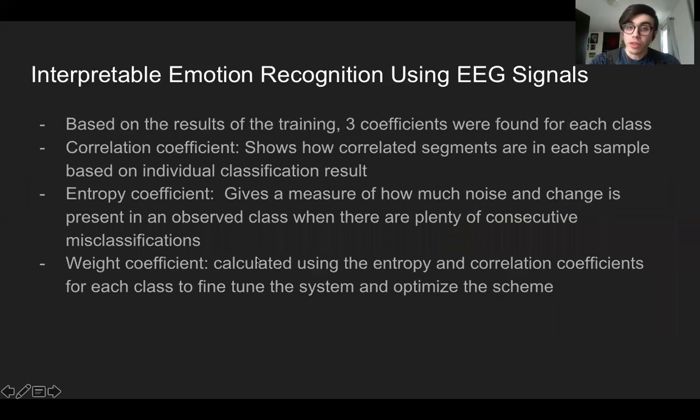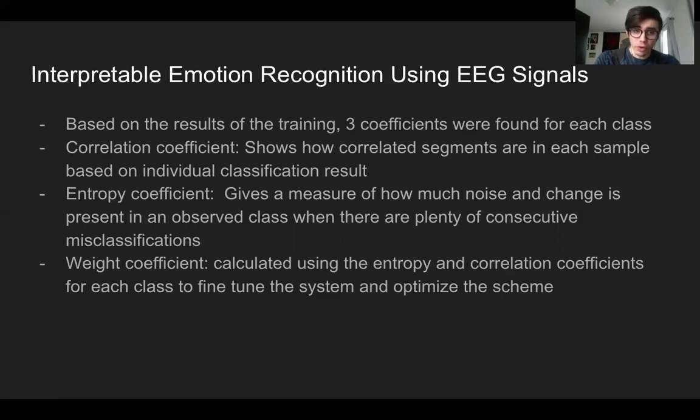So based off the results of the training, 3 coefficients are found for each class, these being a correlation, an entropy, and a weight coefficient. So the correlation coefficient effectively shows how correlated segments are in each sample based on an individual classification result. What this effectively means is when we have a sample that we know is a positive emotion, when we extract those 1-second segments from it, how similar are they when we have these varying segments which we amalgamate together?